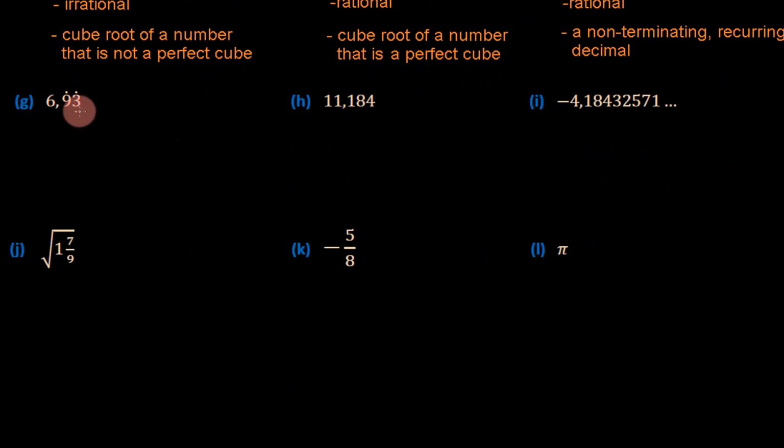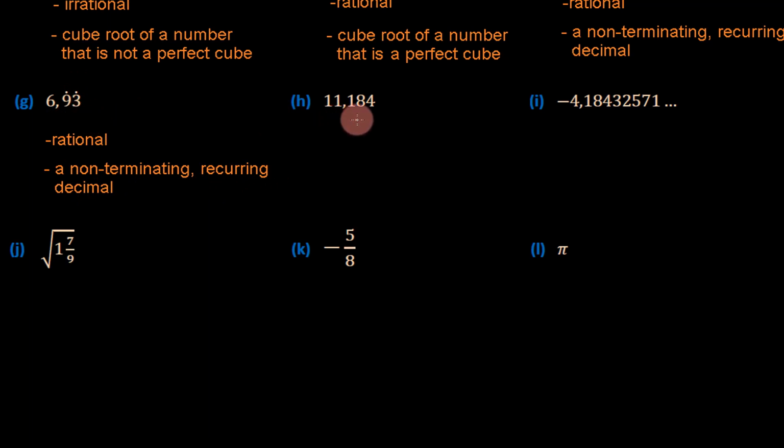Then 6.93 recurring. So this is 6,93, 93, 93, etc. It's a rational number because it's a non-terminating but recurring decimal. So the pattern repeats after the decimal.